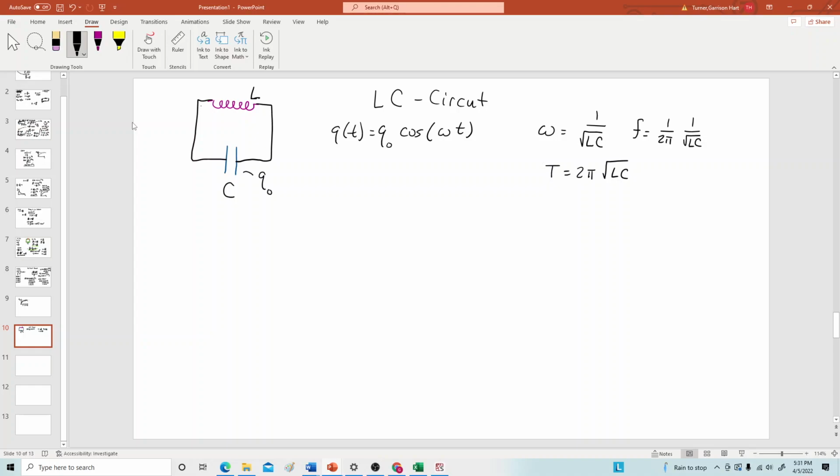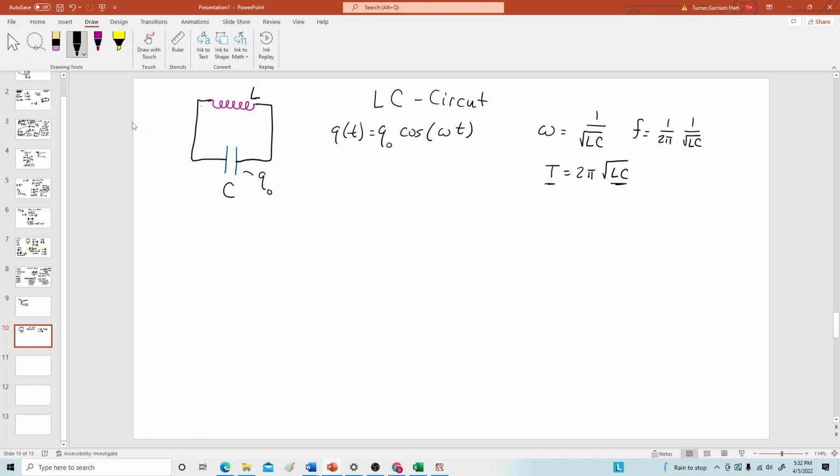And the larger that product is, the more slowly the current is going to change. The larger that L and C are, the more slowly the current is going to change. So this process will take a longer time, which is what we have predicted in the equations. The larger the product, T will be larger, and so the longer this process will take.